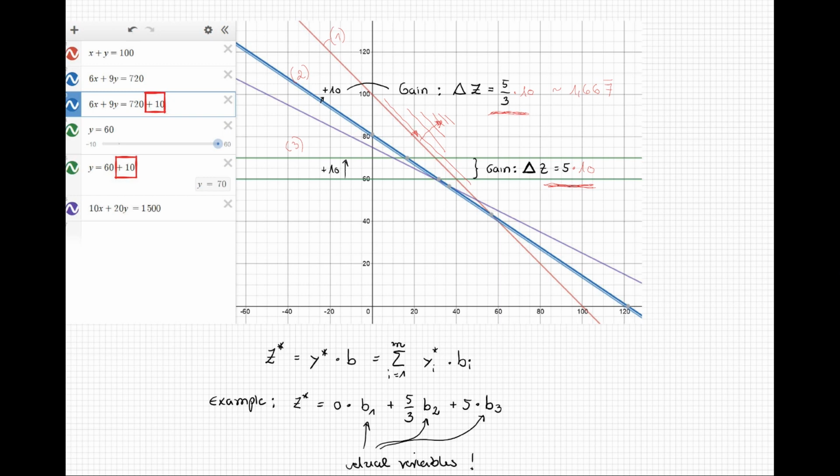So increasing our resources by 1 unit gives us the information of how much we can gain in the objective function by doing so.